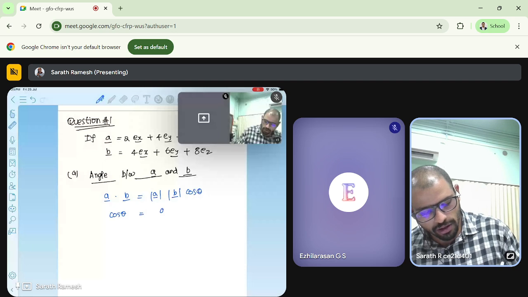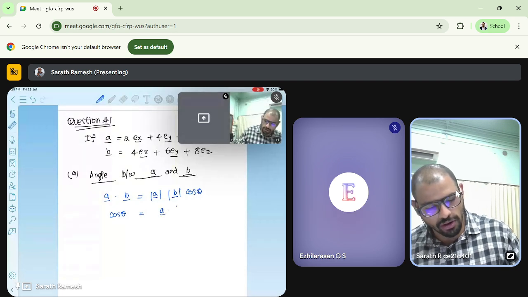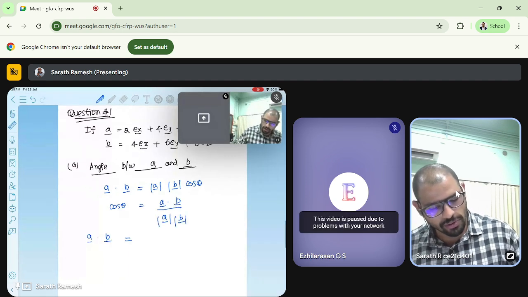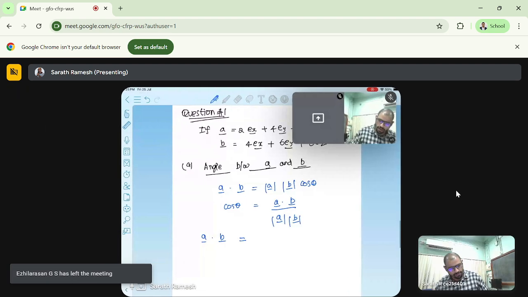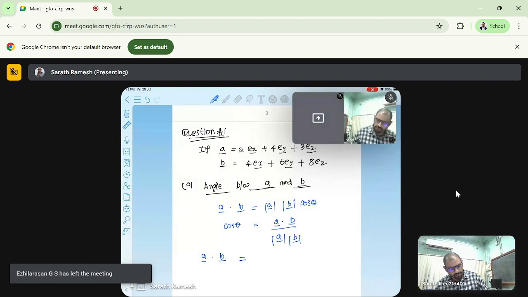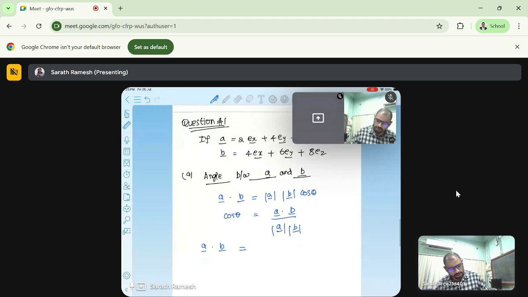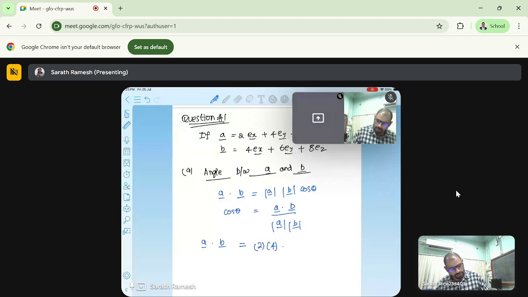A dot B is 2Ex plus 4Ey plus 3Ez dotted with B: 2 times the component of Ex in B, plus 4 times 6, plus 3 times 8.